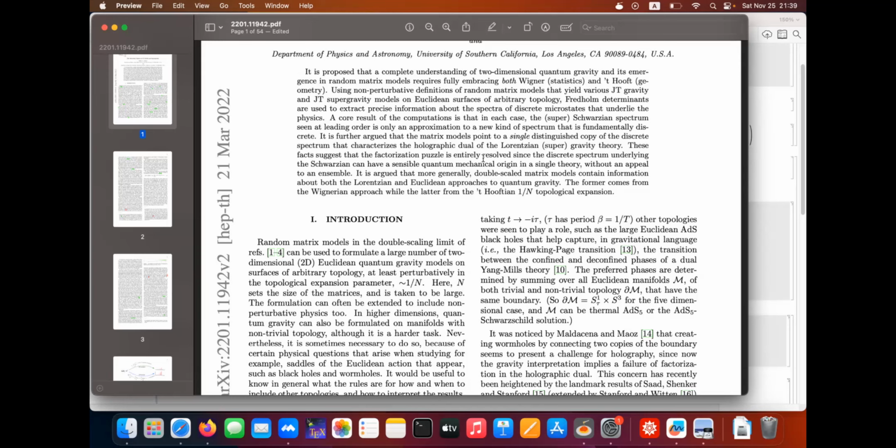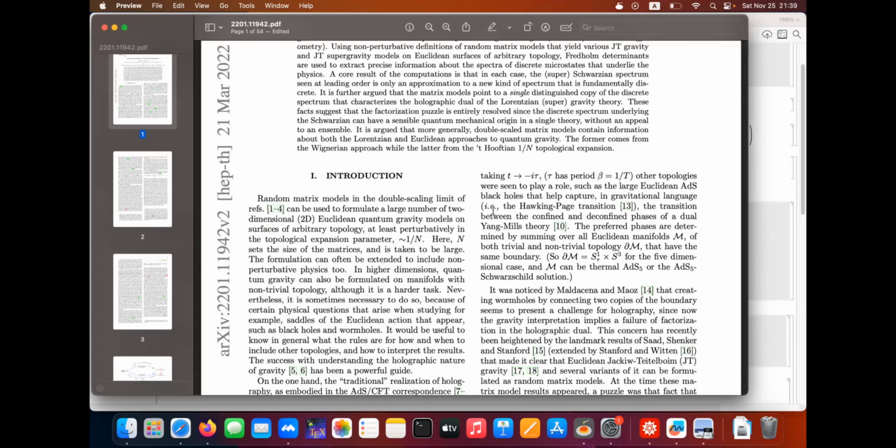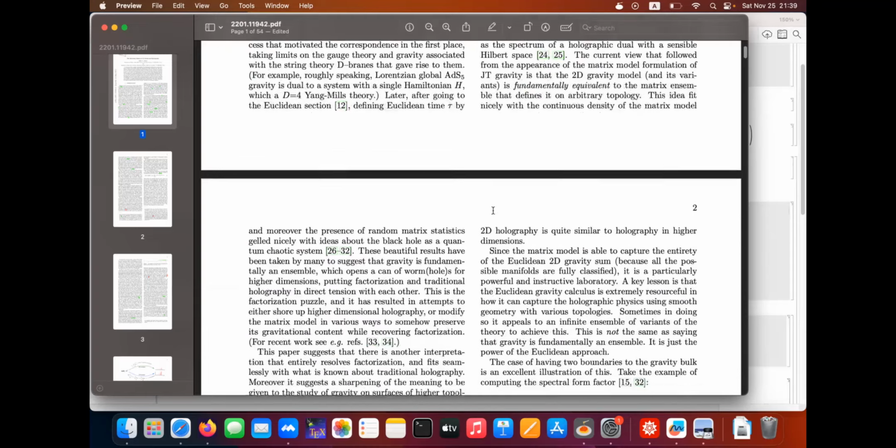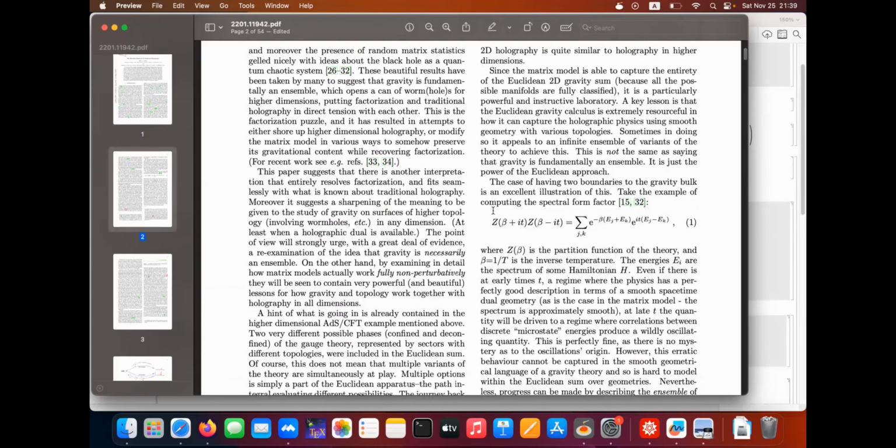So high genus contributions are suppressed, and we just consider the leading order. The leading order is just the disk topology. Then you calculate Z(beta) at the disk topology, then you can do the inverse transformation to get the leading spectral density.